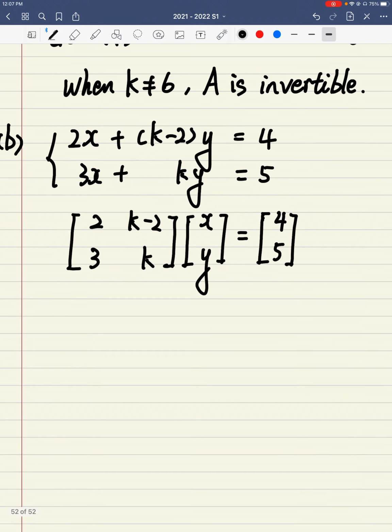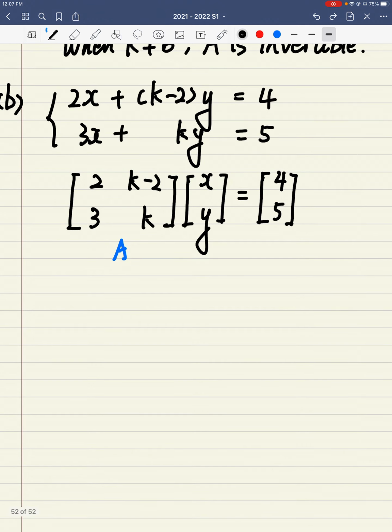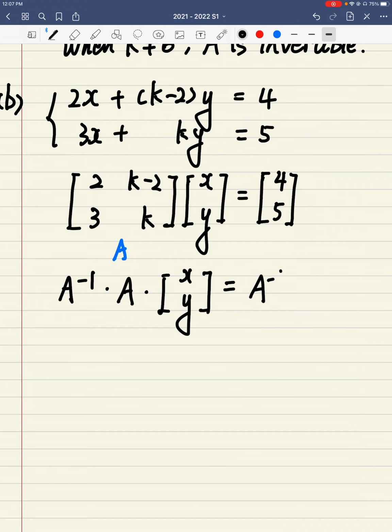You already know this matrix, we call it A. We already know this matrix is invertible. Here is what we can do: we can left multiply A inverse on both sides.